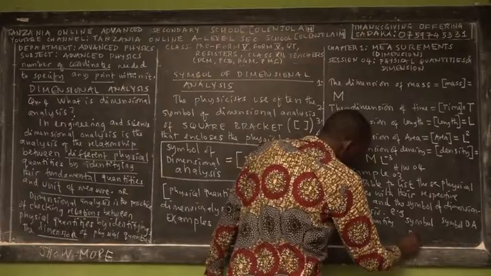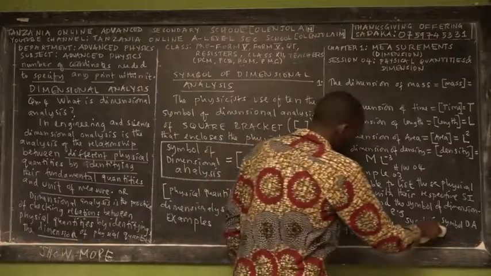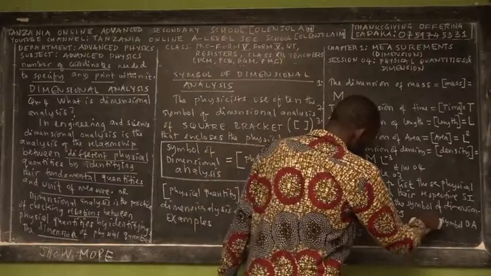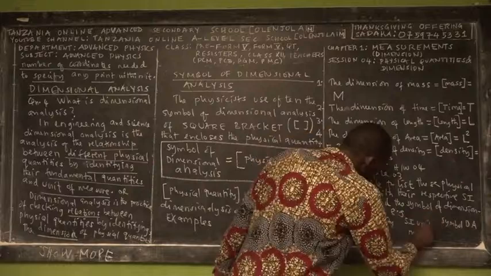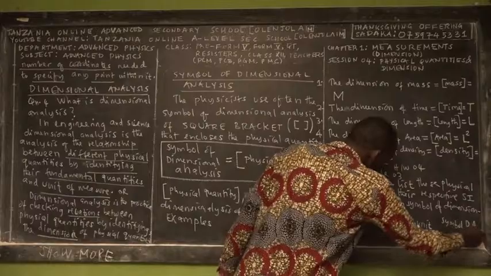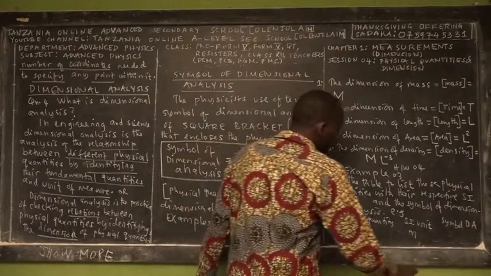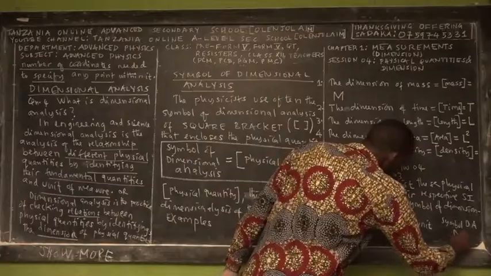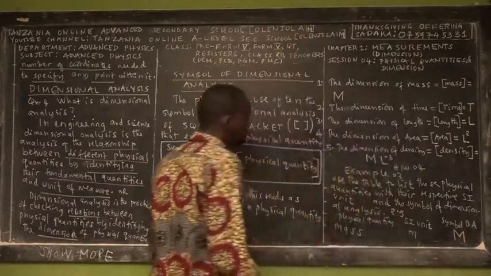Respective SI unit, with the respective SI unit. So here is not a symbol, it's SI unit. Symbol of SI unit, and this symbol of dimension analysis. So the symbol for dimension analysis of mass is L.